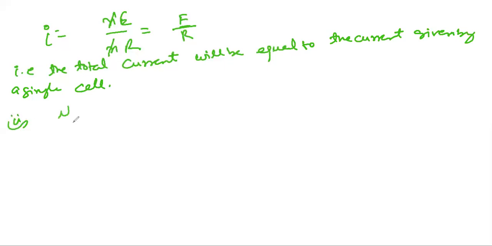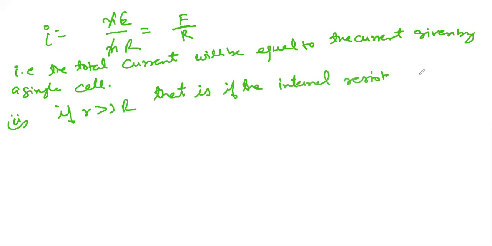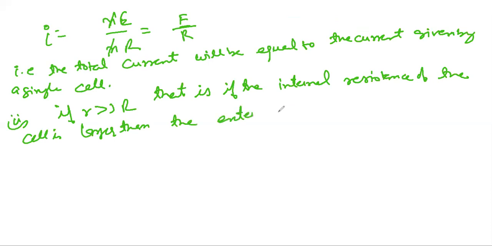Second is if r is far greater than R. This means that if the internal resistance of the cell is larger than the external resistance, then how much will I be?